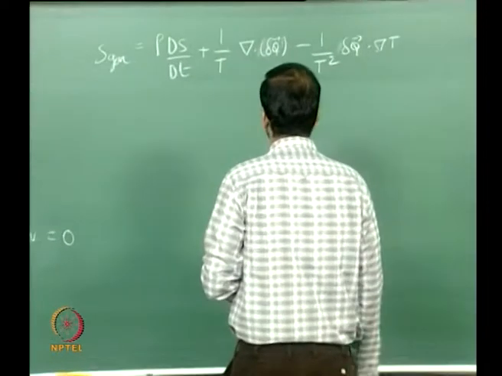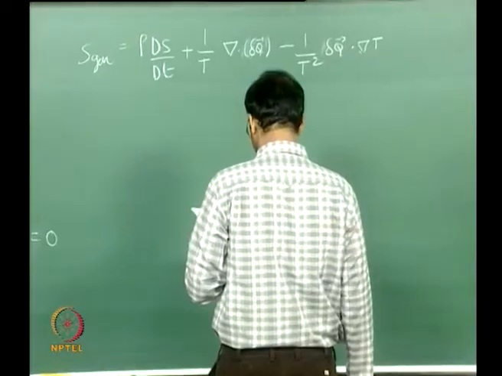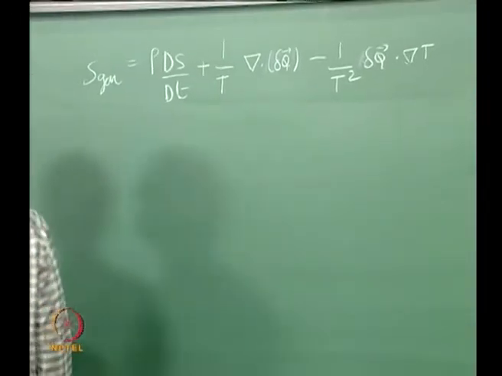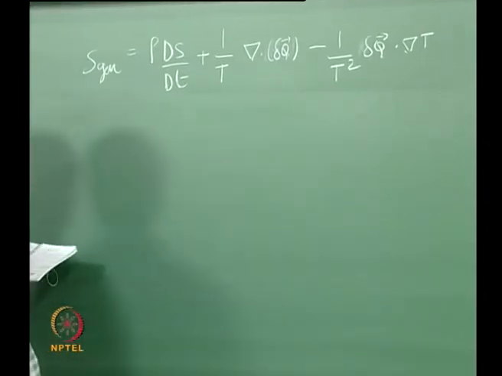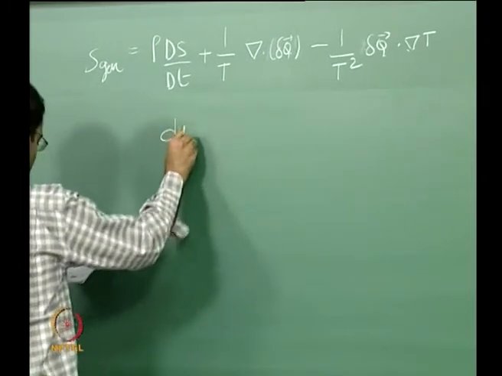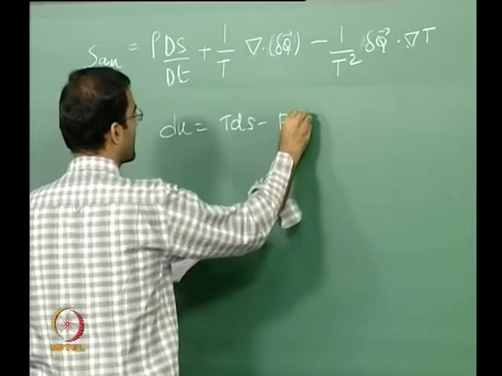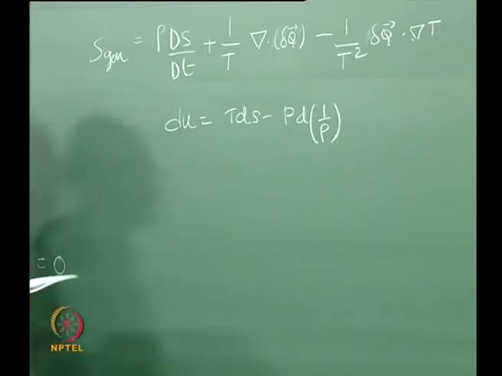So therefore now I am going to evoke the Gibbs theorems, one of the Gibbs theorems, if you can remember. So for a closed system again, you know that du is equal to Tds minus Pdv, okay. So I am going to write this as P d into 1 by rho, okay.